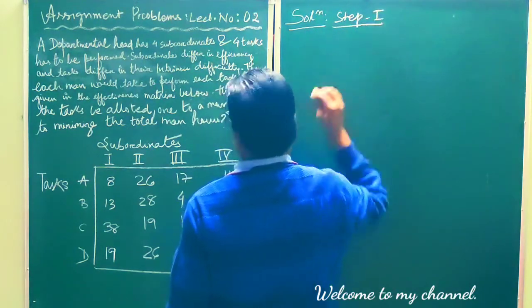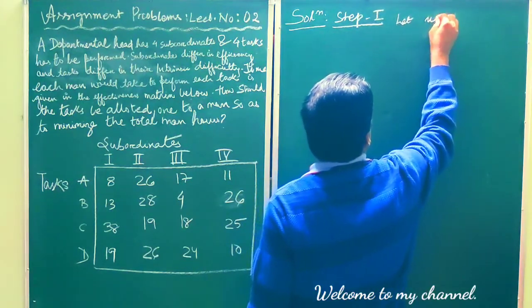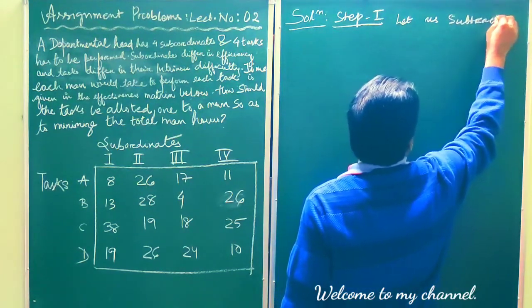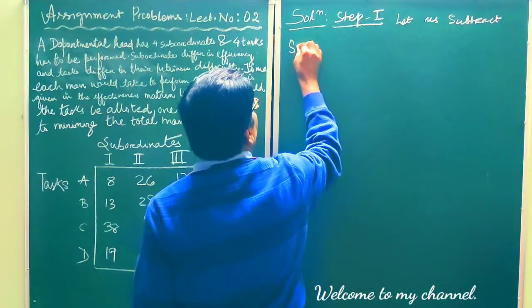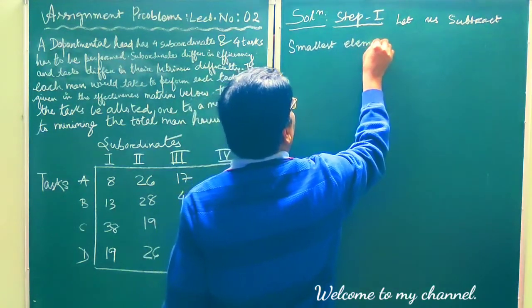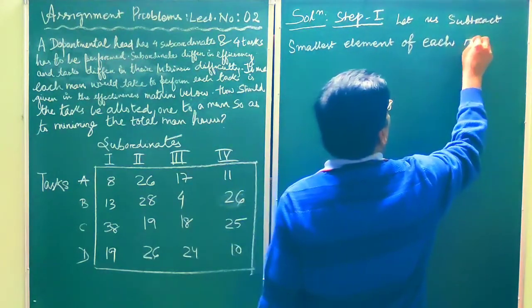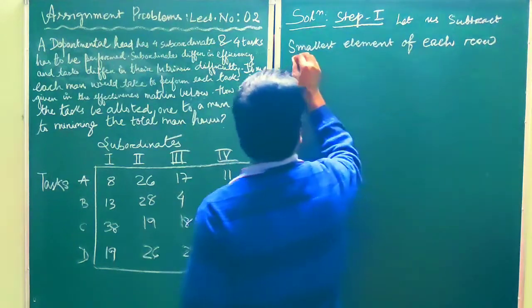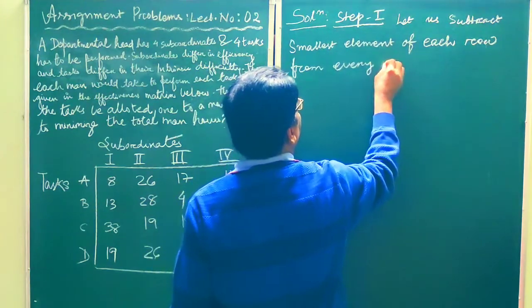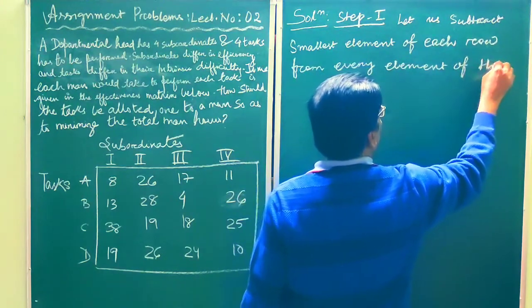Step 1. Let us subtract the smallest element of each row from every element of that row.